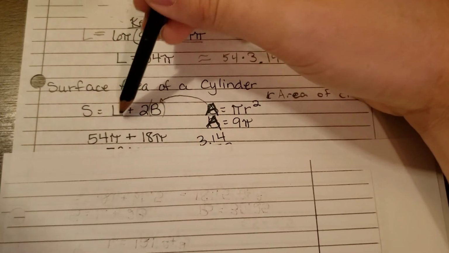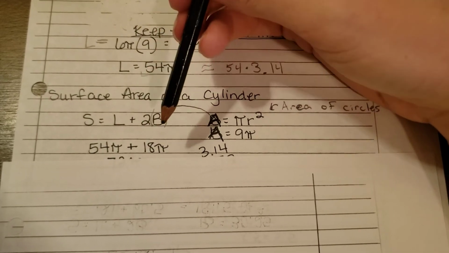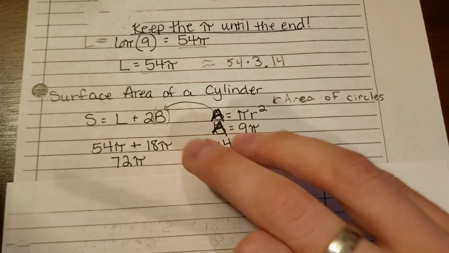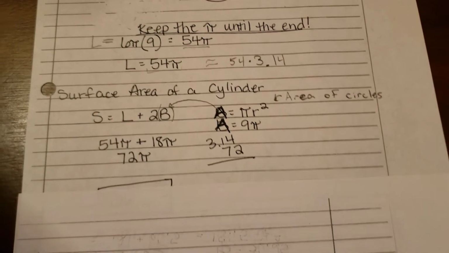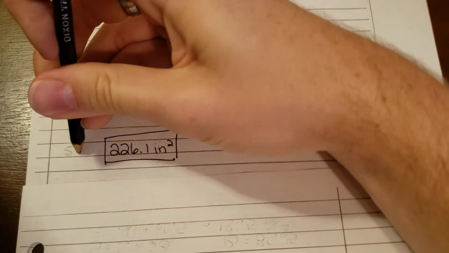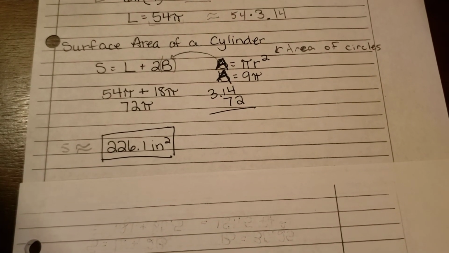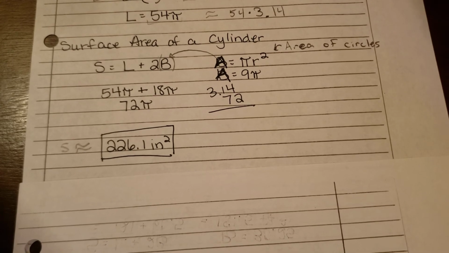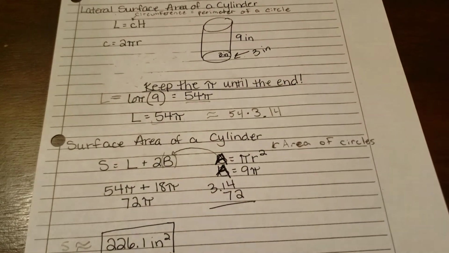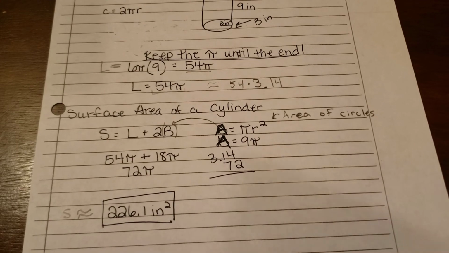So I'm going to have 54 pi plus 2 times 9 pi is 18 pi, leaving me with 72 pi. Now, if I were to multiply that out, I would get a surface area equivalent to 226.1 inches squared. So that would be, let's say, it would cover all of this object.